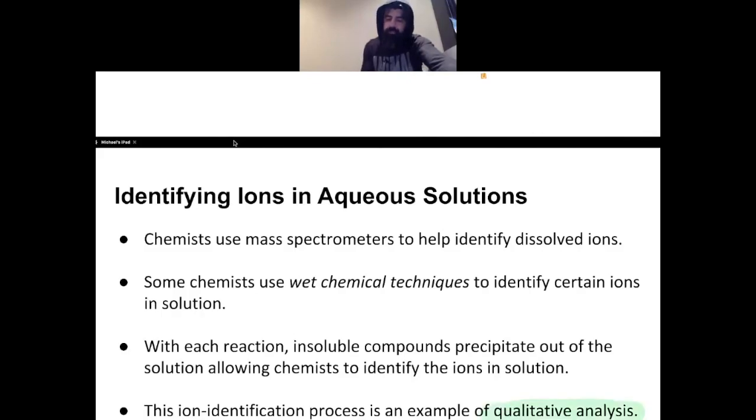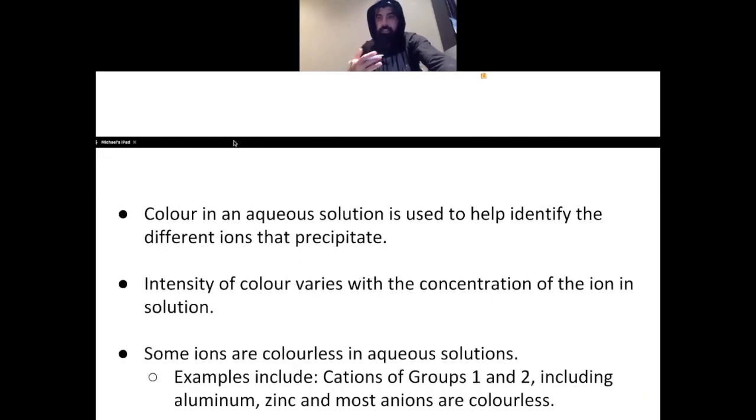Qualitative analysis looks at colors of aqueous solutions, whether in liquid tests or in flame tests. The color in an aqueous solution is used to help identify different ions that precipitate. The intensity of color will vary based on the concentration of that ion in solution.